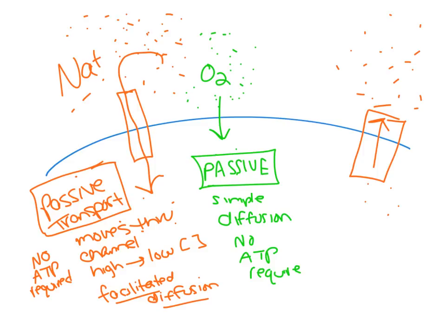You need a membrane protein that requires ATP. So we're going to use energy, and then we're going to pump sodium ions in this direction, and we call that active transport.